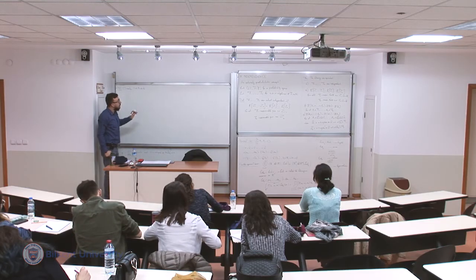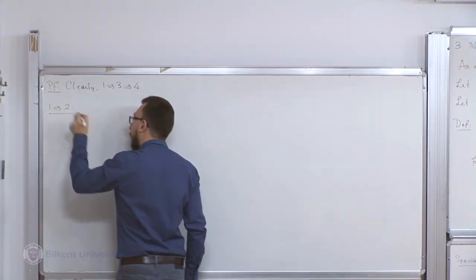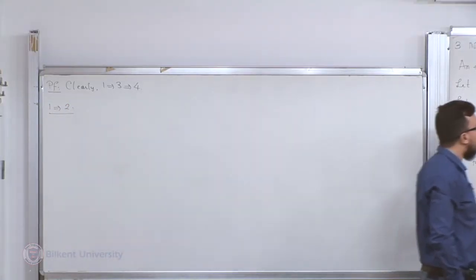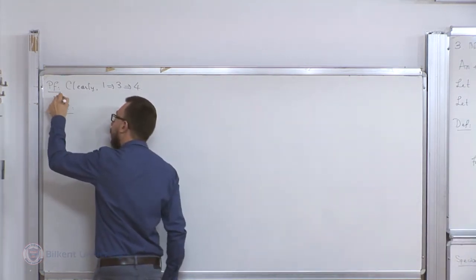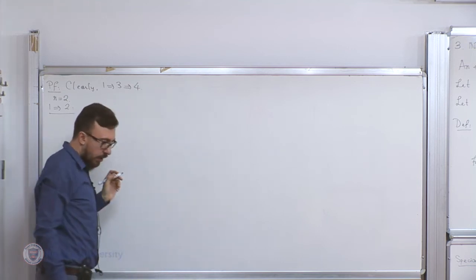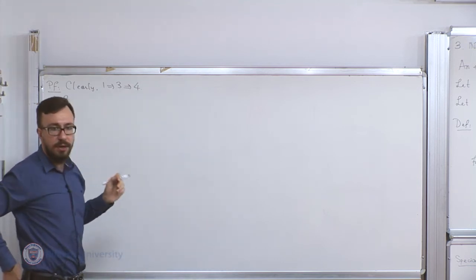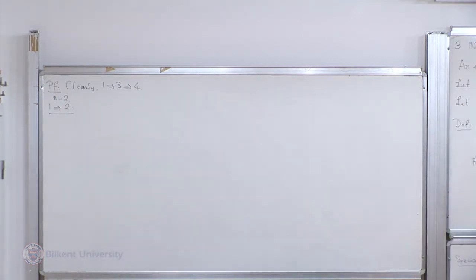So let's prove the equivalence of 1 and 2. 1 implies 2. Well, I will prove all of these for n equals 2. We don't need full generality in all proofs. So let's do everything for n equals 2 to avoid writing induction proofs. Okay, n equals 2. So 1 implies 2.